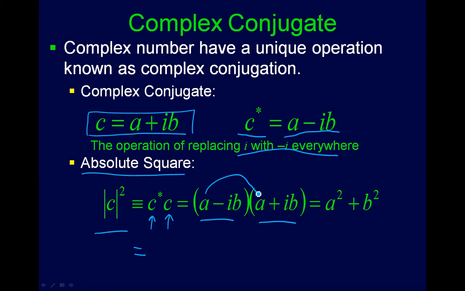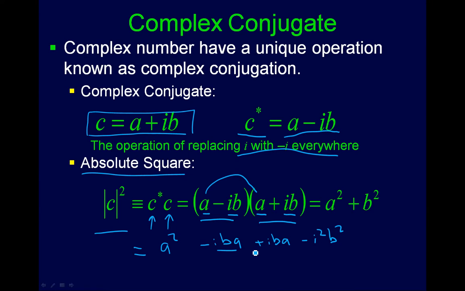So if I do a times a, right, I get a squared. Then if I do this middle term, I get negative ib times a. So that's that term times that one. And then now if I do a times this guy over here, I get positive iba. And then finally, my last term will be negative i squared b squared.